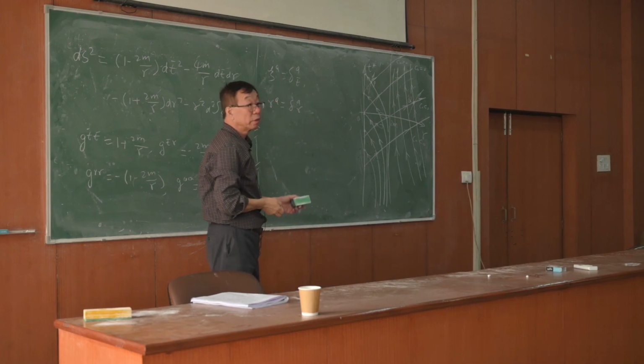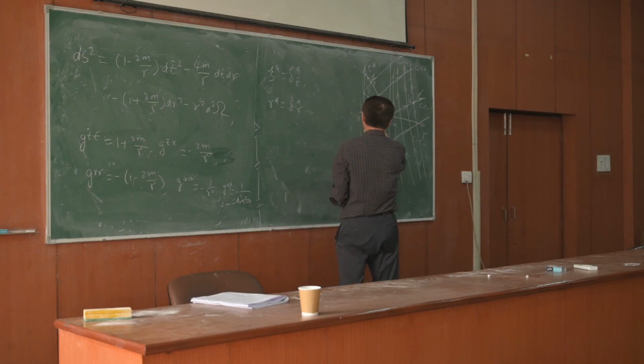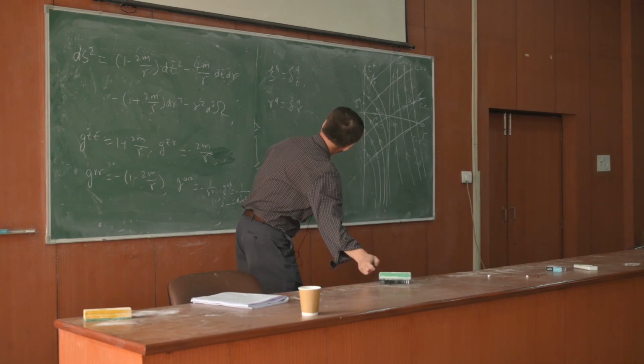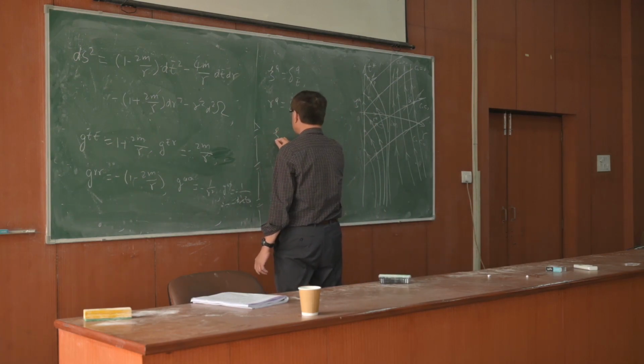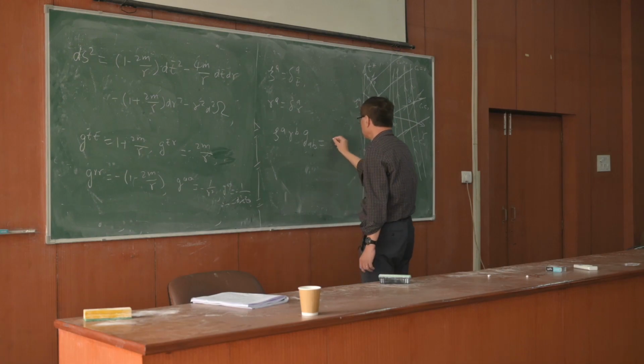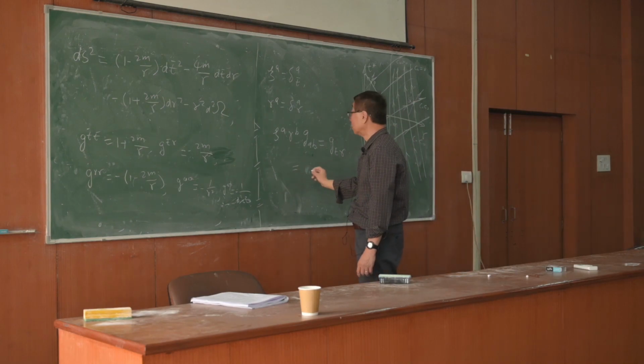This is actually a vector along the R direction, right? This is my RA, and then A RB G B equals G T bar R, equal to minus 2 and R.